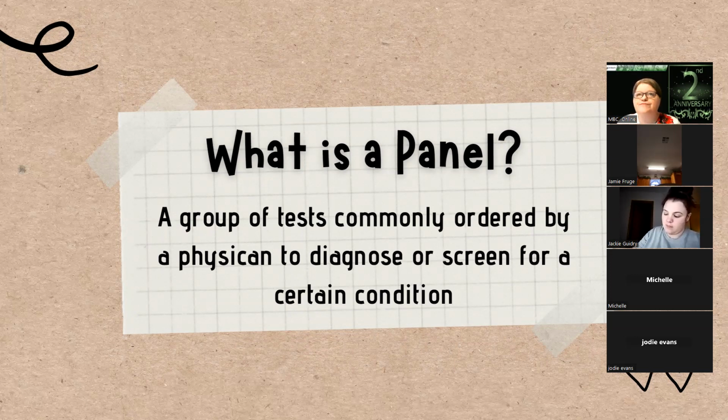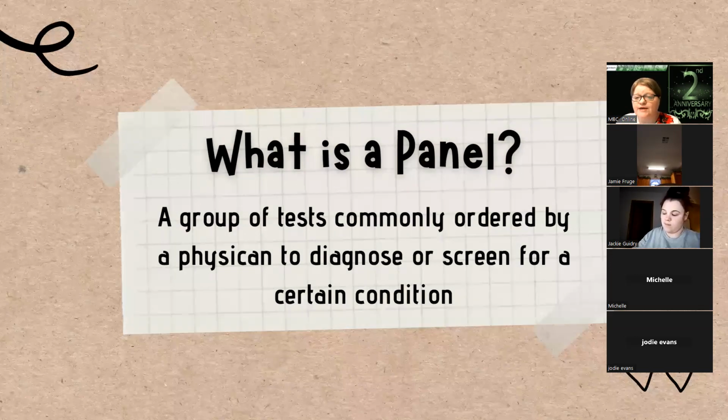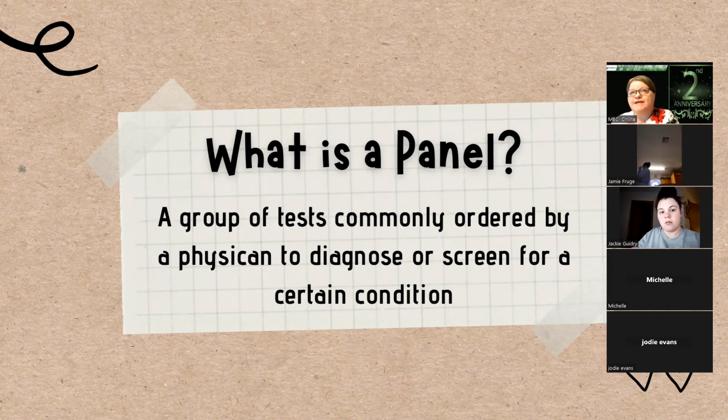When I say commonly ordered, it's because it's common practice that anytime patients are suspected of having a certain condition, they have already come up with a number of tests that they run to see if the patient has or does not have said condition.